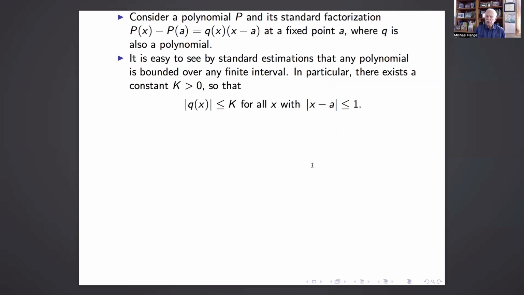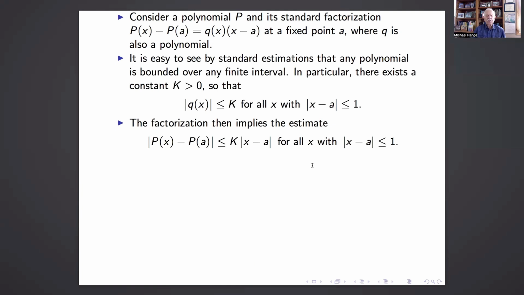It is easy to see by standard estimations that any polynomial is bounded over any finite interval. In particular, there exists a constant k positive, so that the absolute value of q at x is less than or equal to k for all x with absolute value of x minus a less than or equal to 1.